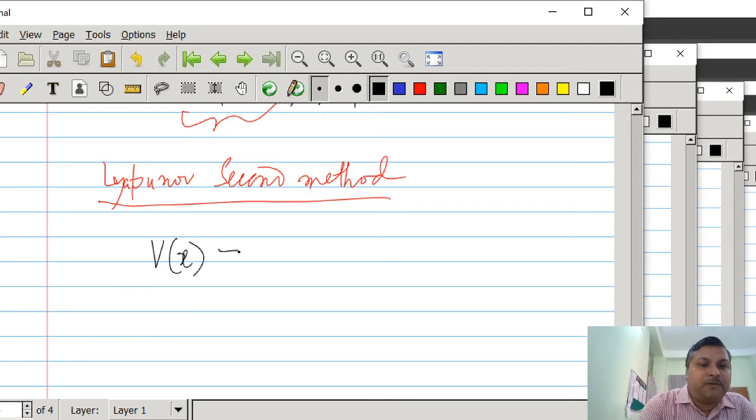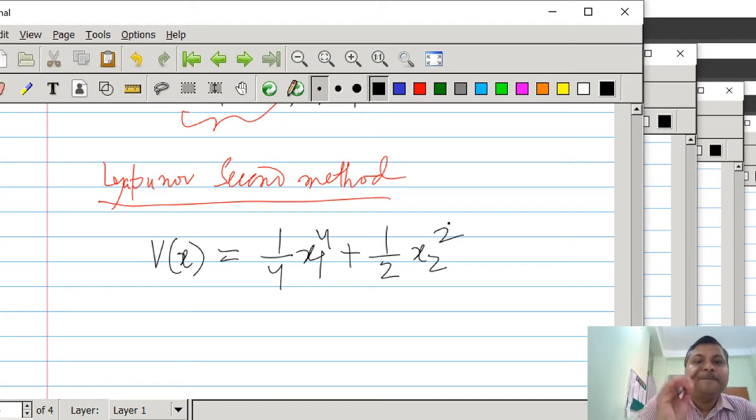Suppose a quadratic function we are choosing, that will be 1/4 x1 to the power 4 plus half x2 square. Suppose we have chosen V x like this, and it can be shown that obviously V of 0 will be equal to 0.